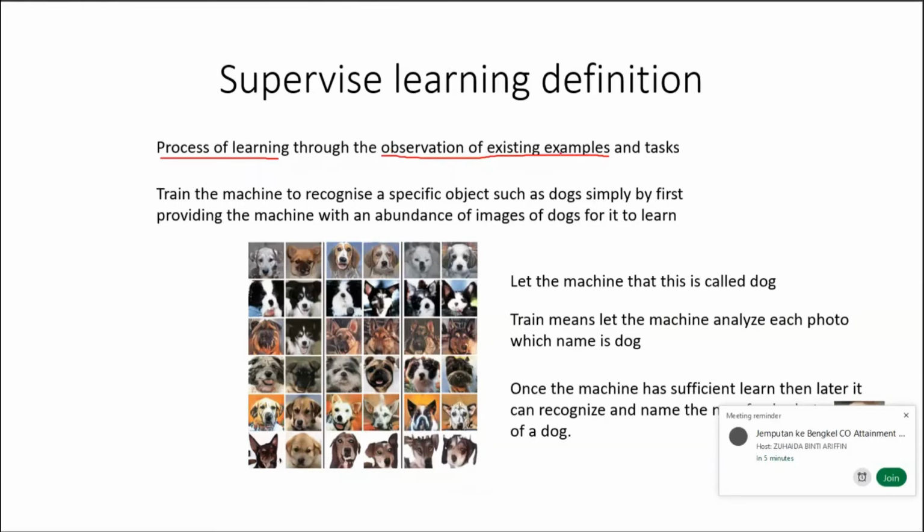Observation of existing examples means data. You have an image of a dog right here. This is an example of data. You have pictures of dogs. This is an example of data. Existing examples means these.